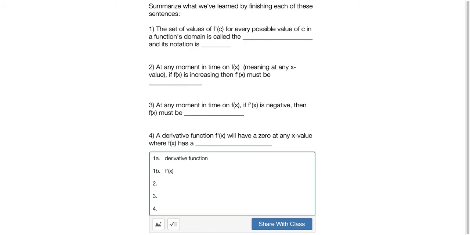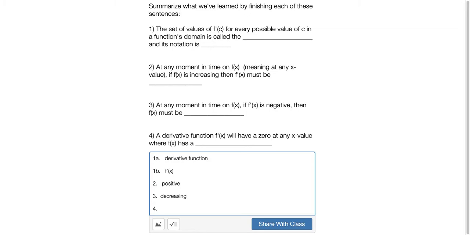At any moment in time on f of x, and whenever I say moment in time, I'm talking about an x value. So at any x value, if f of x is increasing, right, the original function is increasing, then f prime of x must be positive. On the other hand, if f prime of x is negative, that means that f of x must be decreasing.